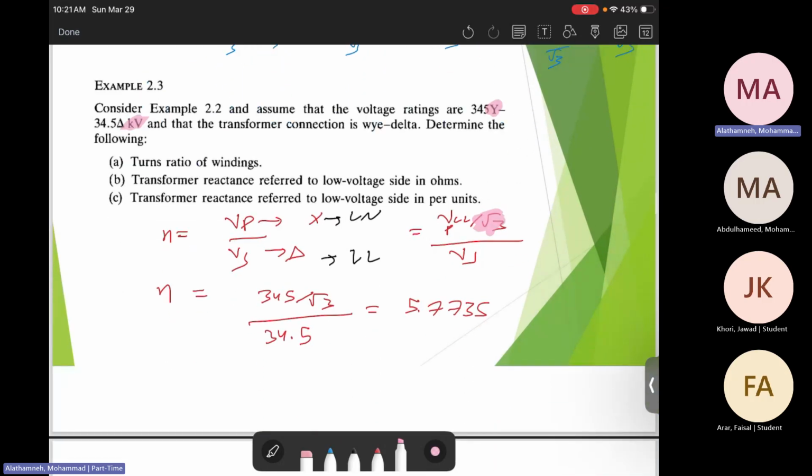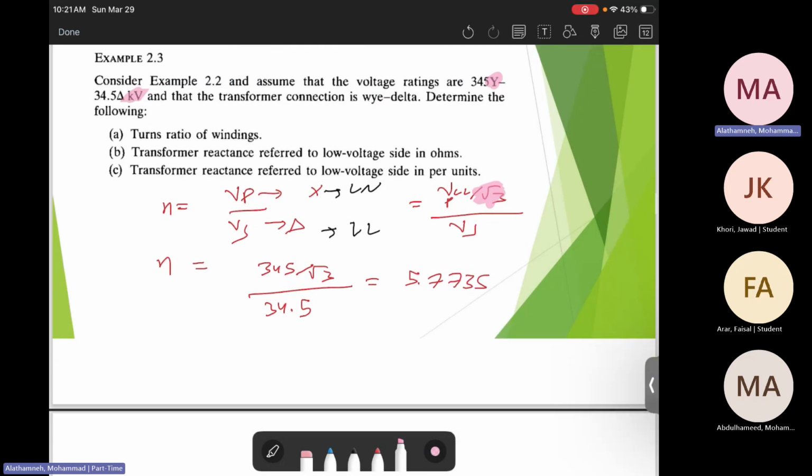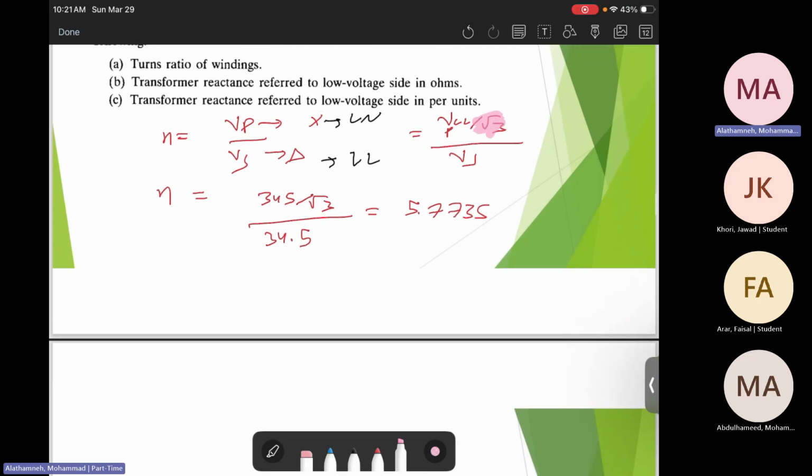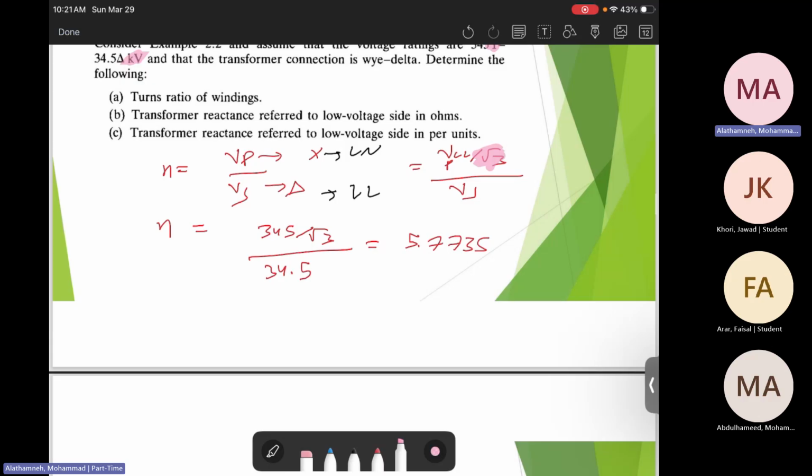Then the second thing: transformer reactance referred to the low voltage side, in ohms and in per units. To find it in ohms, the reactance on the low voltage side will be the high voltage side divided by n squared.